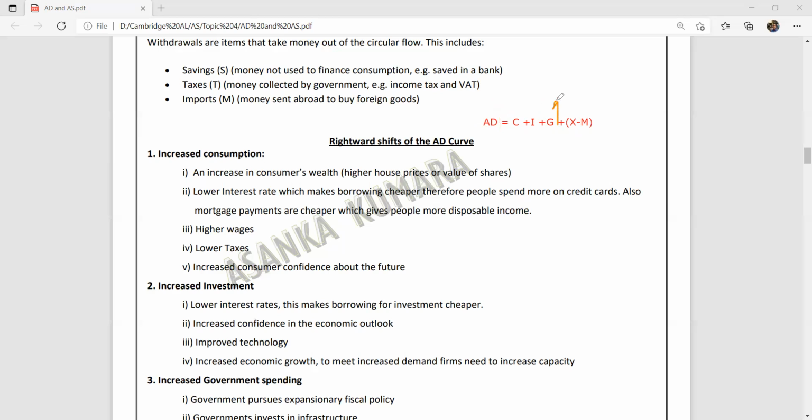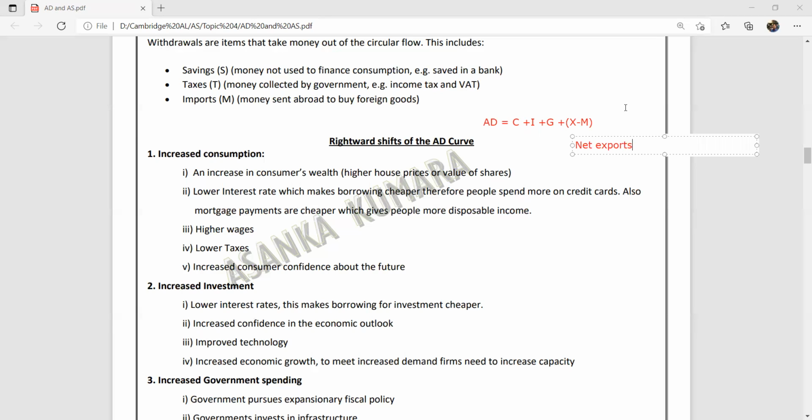If government spending increases while other factors stay the same, it doesn't matter, aggregate demand still rises. X minus M, this is actually called net exports.